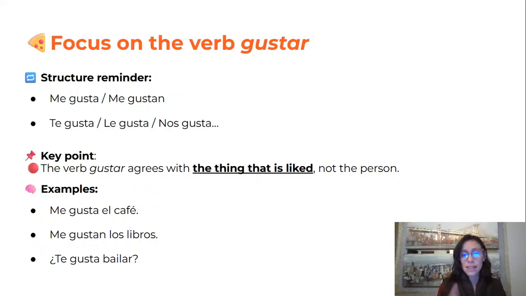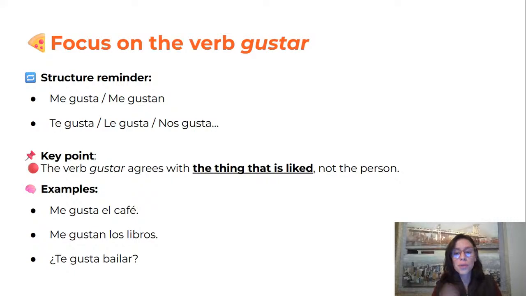But let's suppose that I'm saying I like the book, just one. In that situation, I shouldn't be adding the n for gustar. Why? Because I'm speaking about one book. I like just one book. Me gusta el libro.